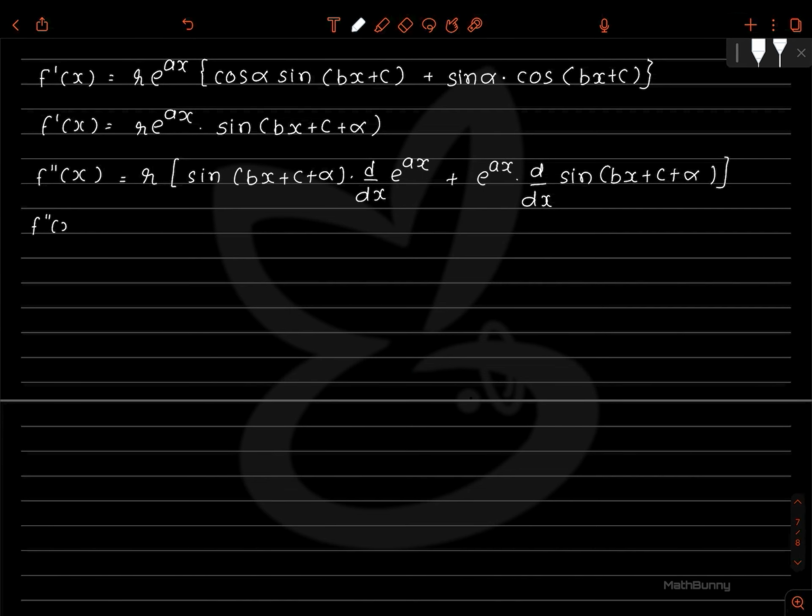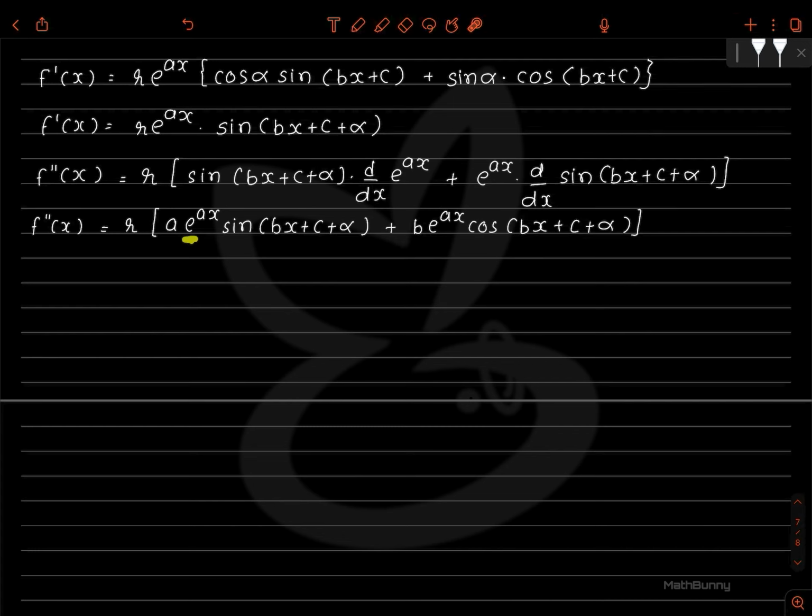F double dash of x would be r into a e raised to ax sin bx plus c plus alpha plus b e raised to ax cos bx plus c plus alpha.